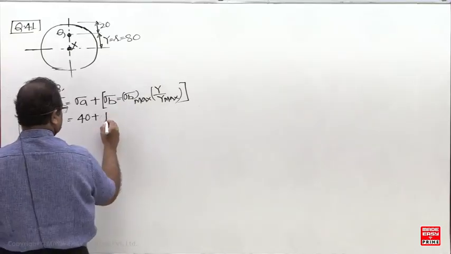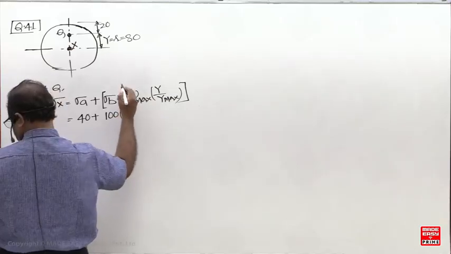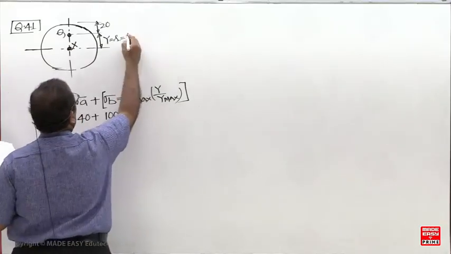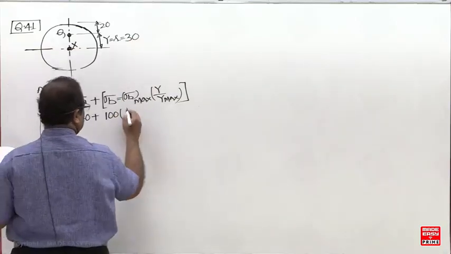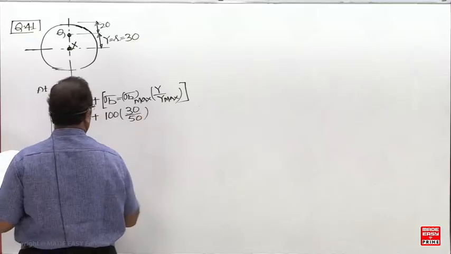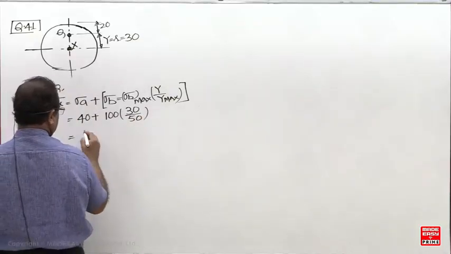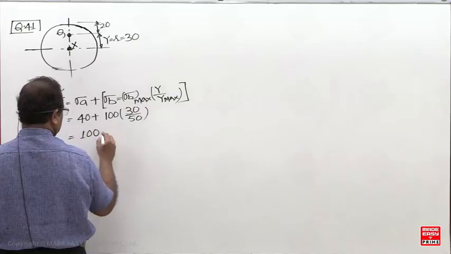What is the maximum bending stress given? 100. Y is what now? 30, because the diameter is given as 100, the radius will be 50, so y is 30. Y max is 50. So it will become 100 megapascals.